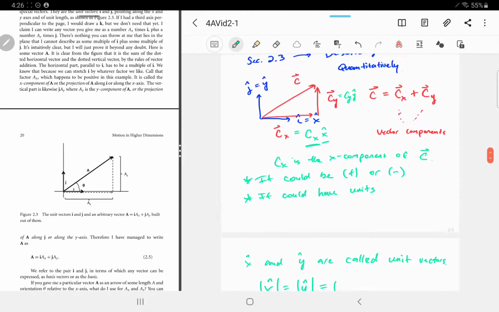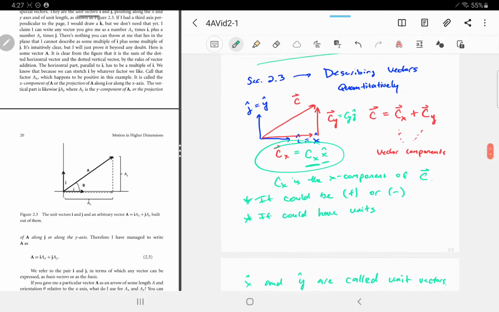So if we're talking about the horizontal piece of our overall vector C, our vector C has a horizontal vector component, which is Cx times x hat.